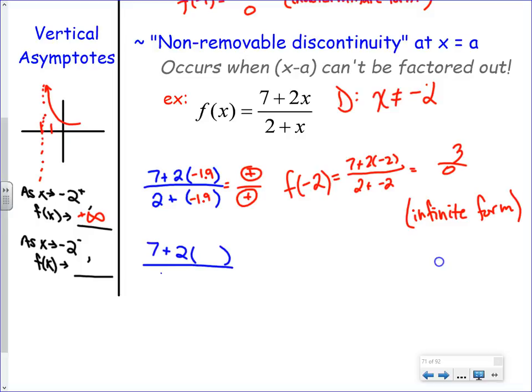Remember, we don't get the number, so we just use a sign. And we want close to -2.